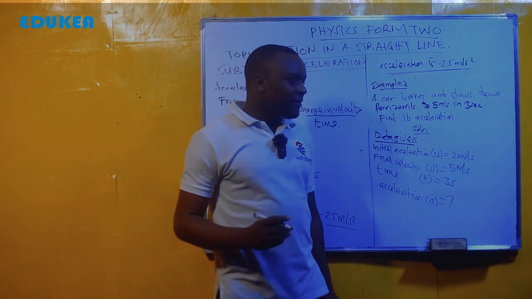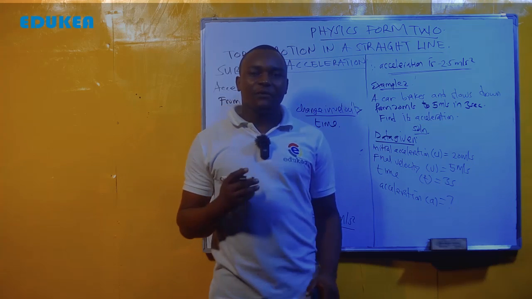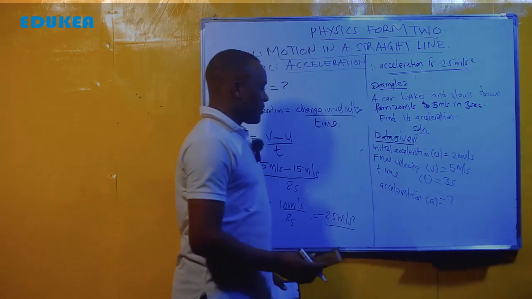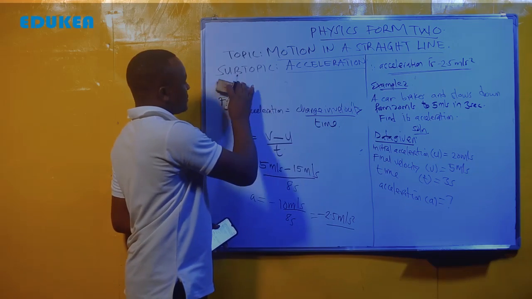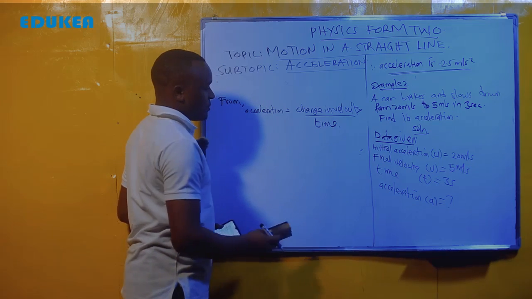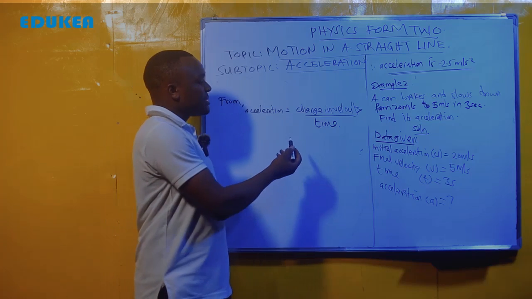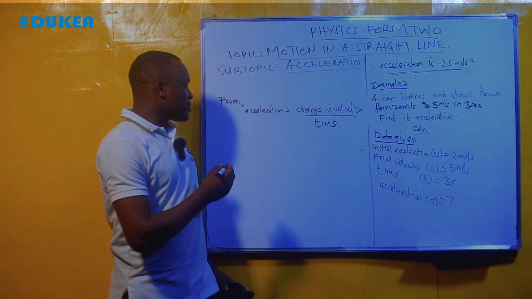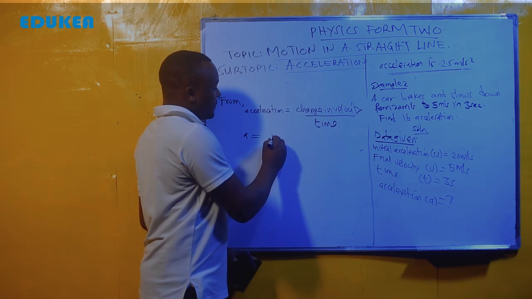How can we get the value of acceleration? From the formula for calculating acceleration, which is change in velocity divided by time, acceleration becomes final velocity minus initial velocity, divided by time.